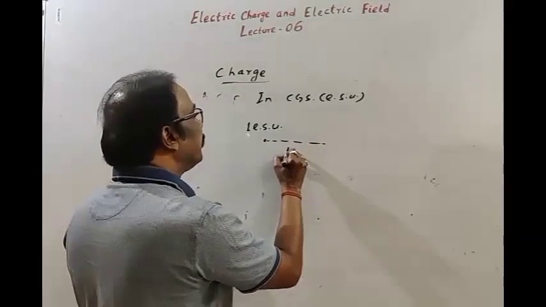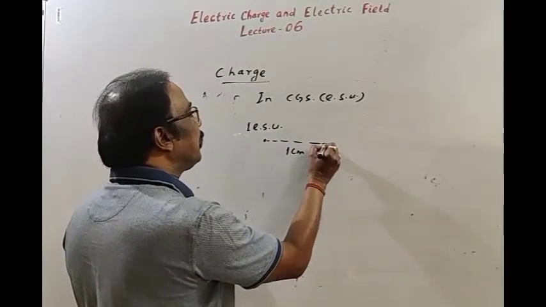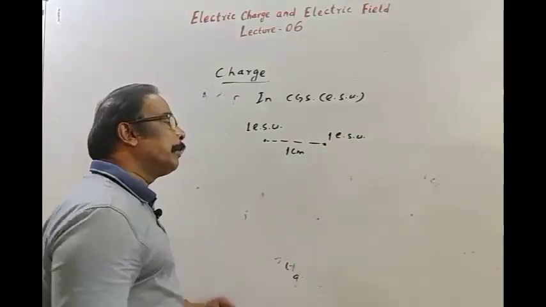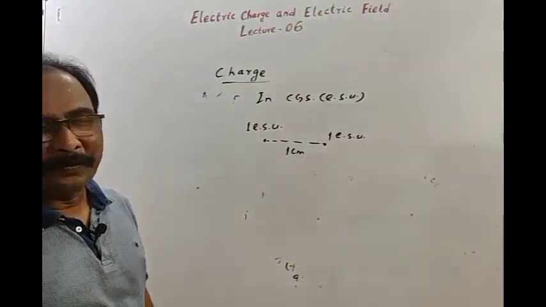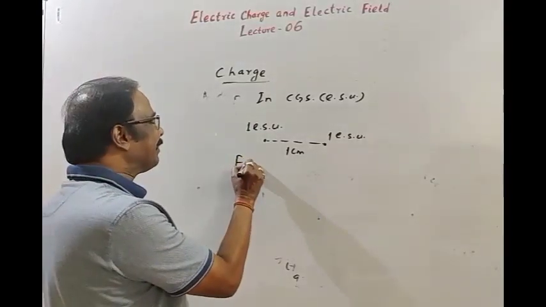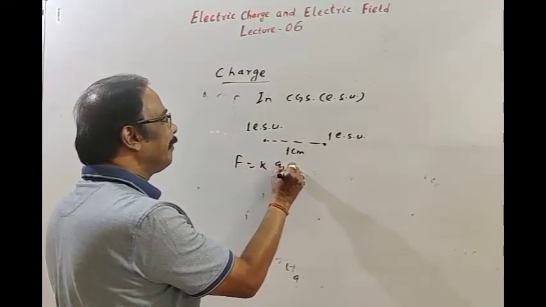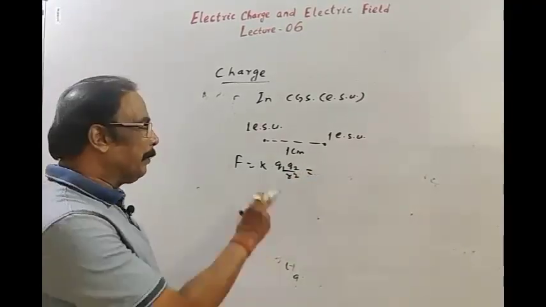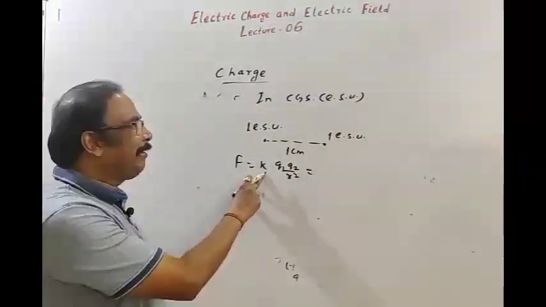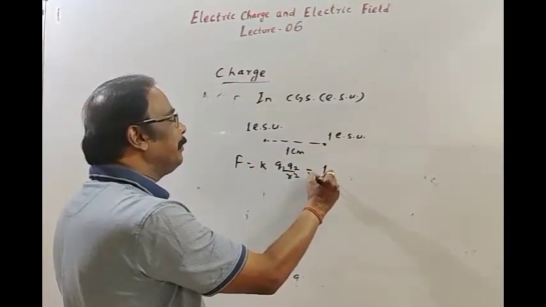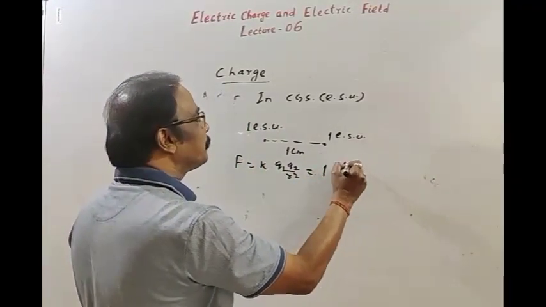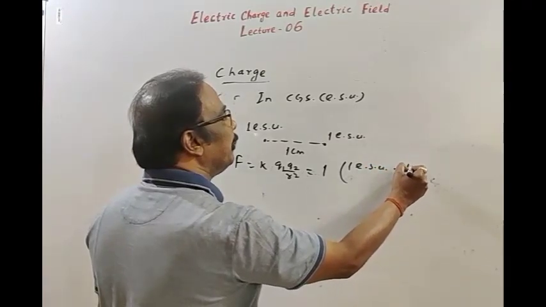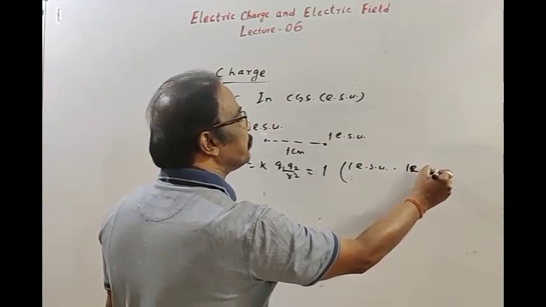This distance is 1 centimeter and this is another point charge of equal magnitude, 1 ESU. Okay. Then force is again K Q1 Q2 divided by R square, and as we know, the value of the constant of proportionality in CGS is 1 unit, then 1 ESU of charge into again 1 ESU of charge.